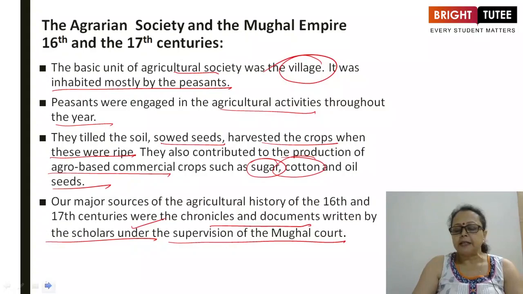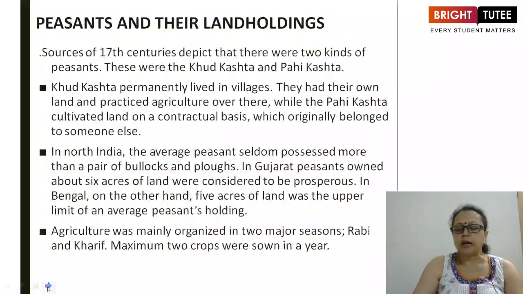Peasants and their land holdings. This is also another topic for the Aine-Akbari on agrarian relations. Sources of the 17th century depict that there were two kinds of peasants. The records of the Mughal period most frequently use the term riayat.